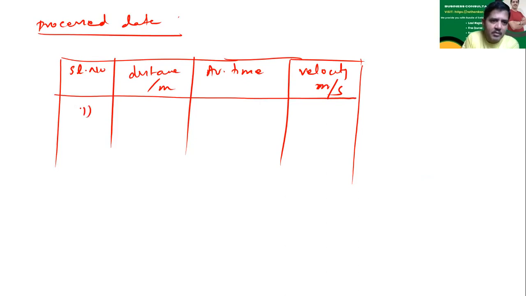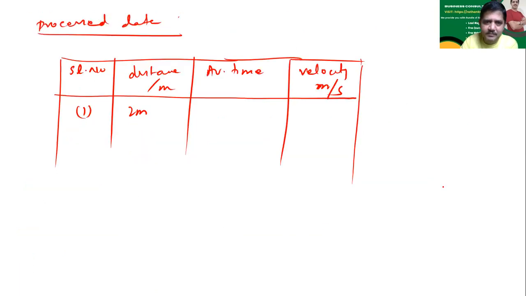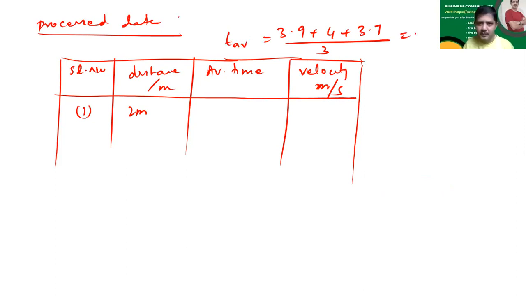Now what do we need to do? First trial, 2 meters. What was the average time? 3.94, 3.7. Okay, so you have to show at least one calculation. Plus 4 plus 3.7 divided by 3 was your average time. So if you find out this, what is the value you get? Let me use my calculator. 7 plus 9 is 16. 1, 4 plus 4 is 8. 8 plus 3 is 11. 11.6 divided by 3.